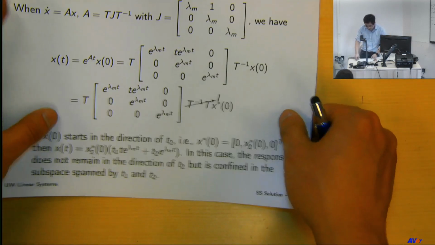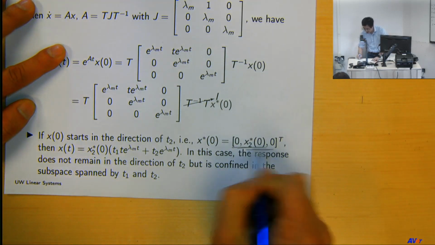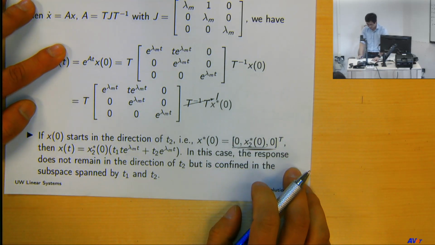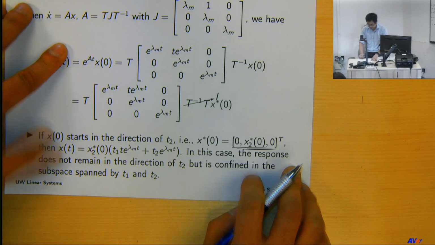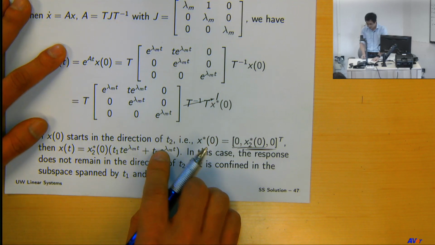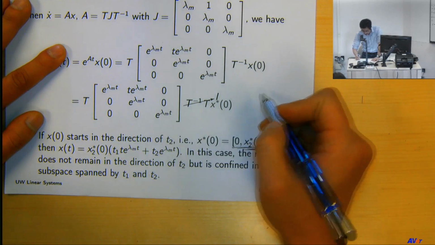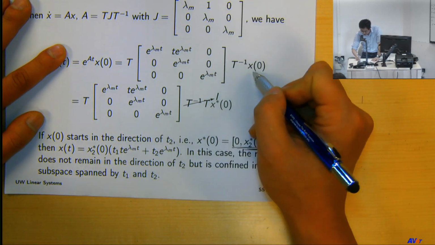Now, if you start in the generalized eigenvector direction, T2, let's see what happens. In this case, you have something different. It's the same logic.